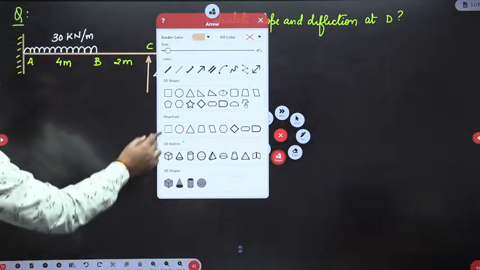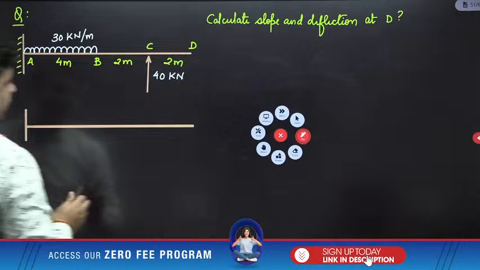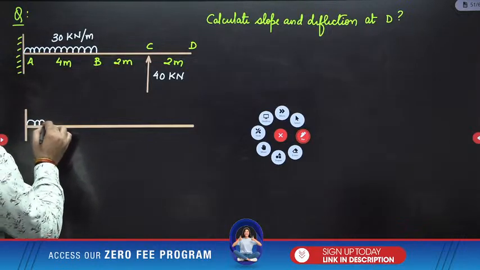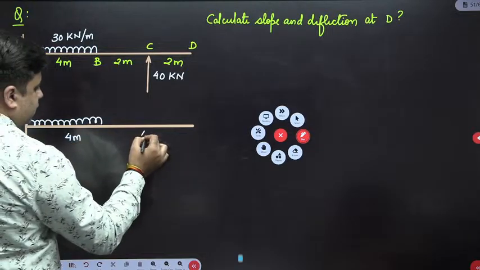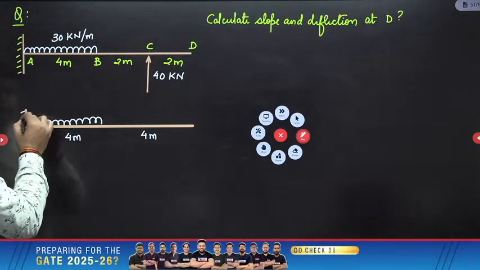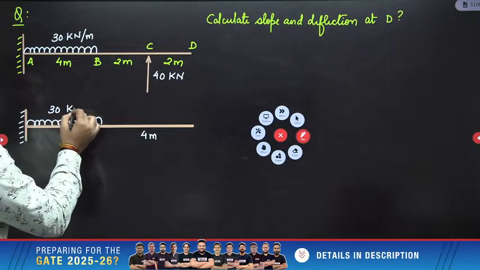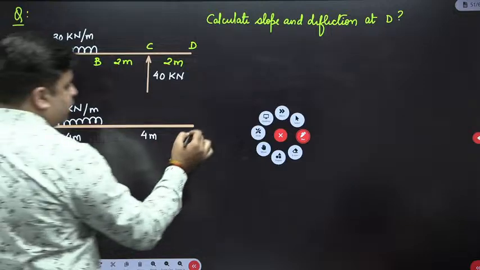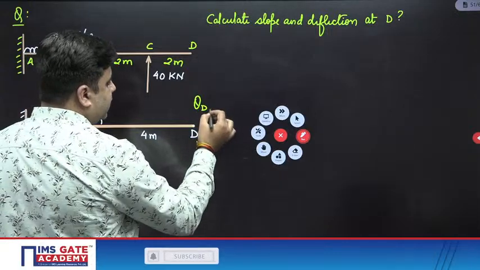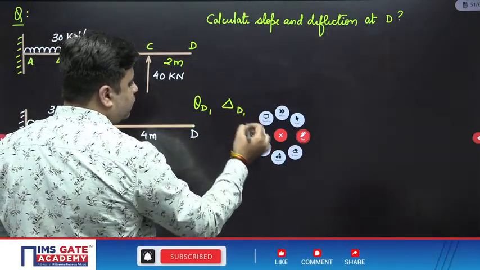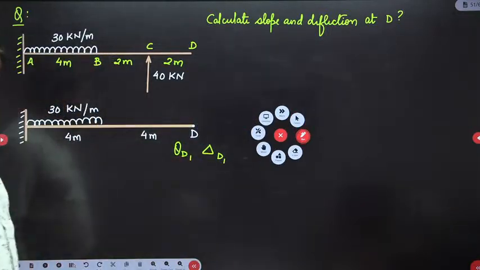If I draw one cantilever beam like this and apply UDL over this 4 meter length, with the remaining 4 meter like this, this UDL will cause some slope and deflection at D. So due to this loading, first find out the value of theta D1 and delta D1.